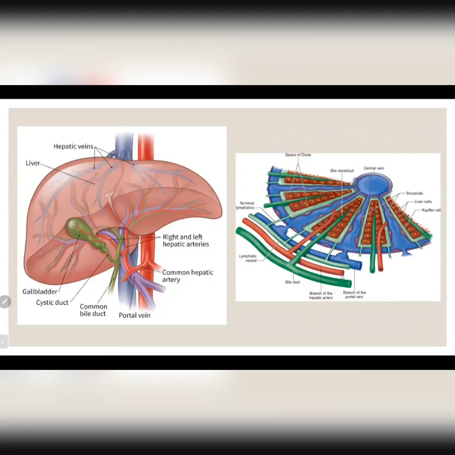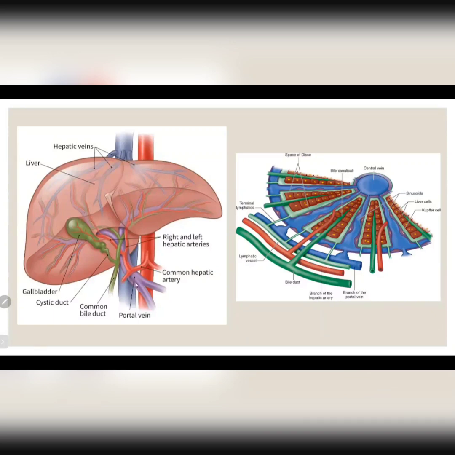This is called the interlobular branch of hepatic artery. And can you see that this hepatic artery branch is going to communicate with the liver sinusoid? That is how the blood is distributed into the tissues of the liver. Okay, from sinusoid, there will be diffusion. And finally, the blood flow is towards a central vein.